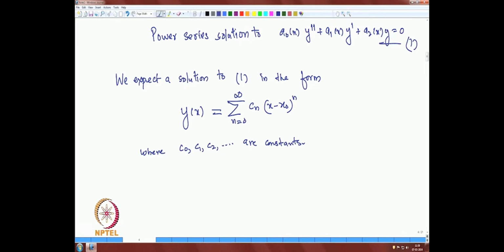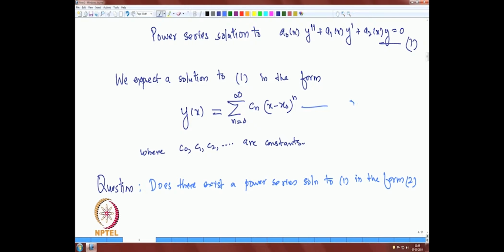Now, the question is: does there exist a power series solution to 1 in the form 2?